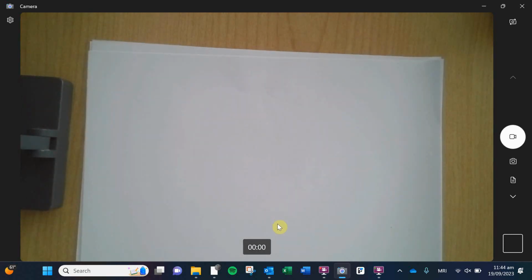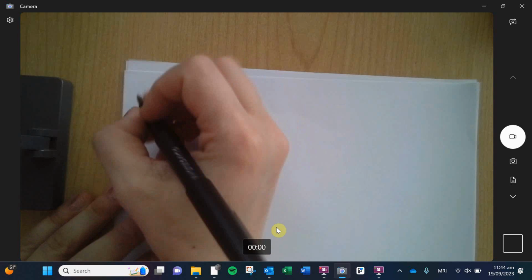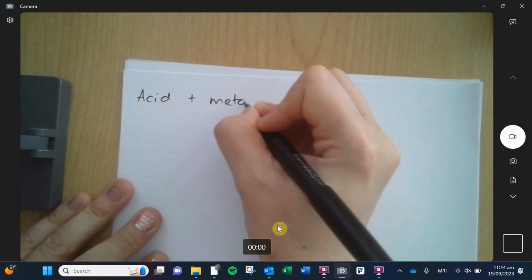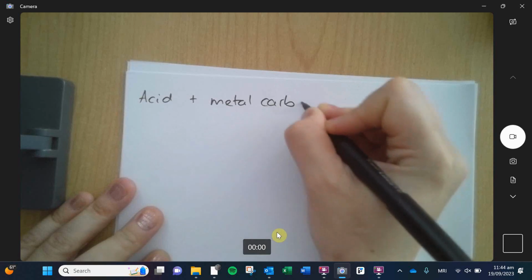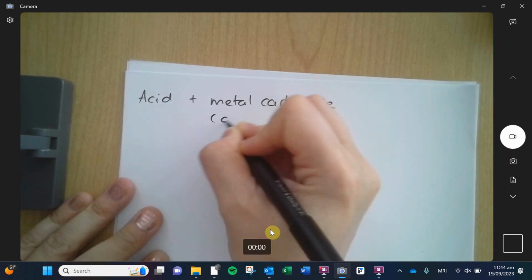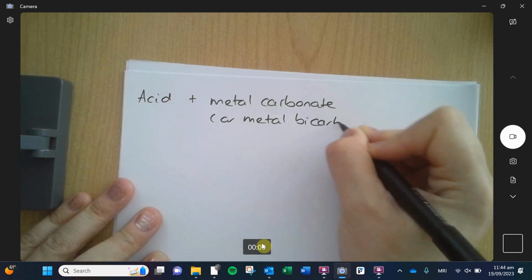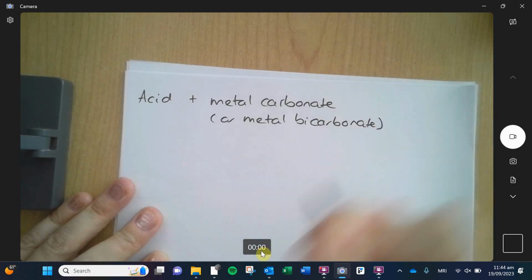The last one we got to talk about, it could potentially come up in your observations, and it is in the exam question that I have printed off, is when you mix an acid with a carbonate. So we have an acid plus some sort of metal carbonate, or metal bicarbonate. Let me show you what that means.